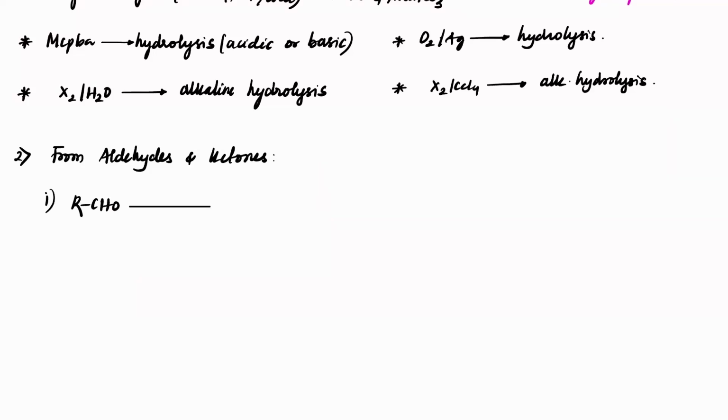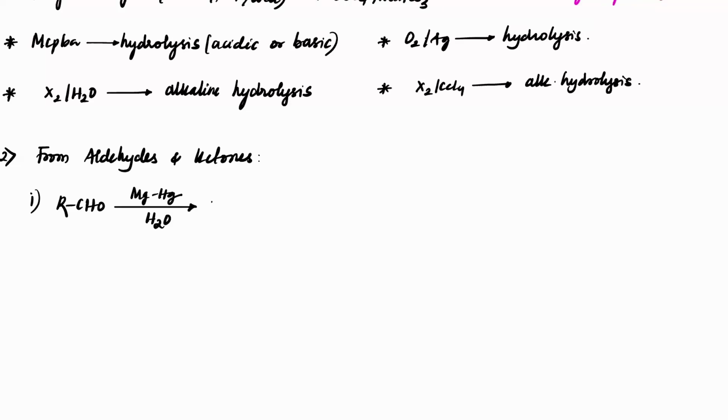When you treat this with magnesium amalgam, Mg-Hg in the presence of H2O, that would give us RCH(OH)-CH(OH)R. This is how you will get the product.